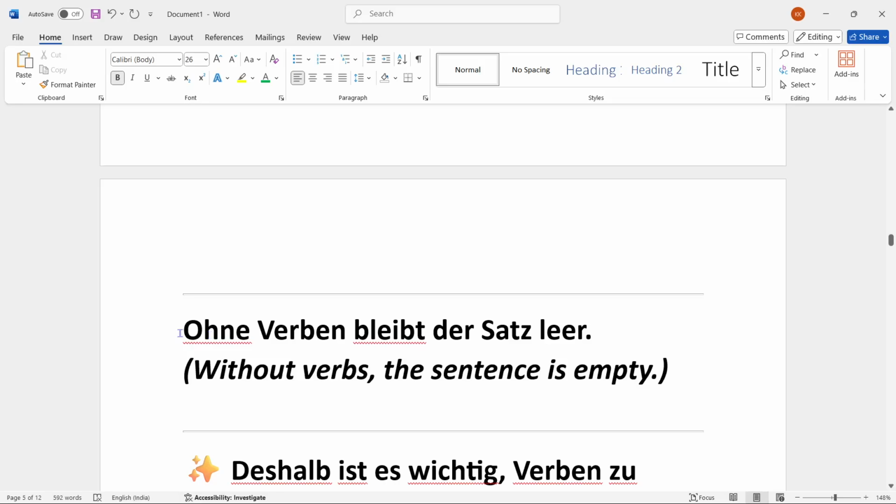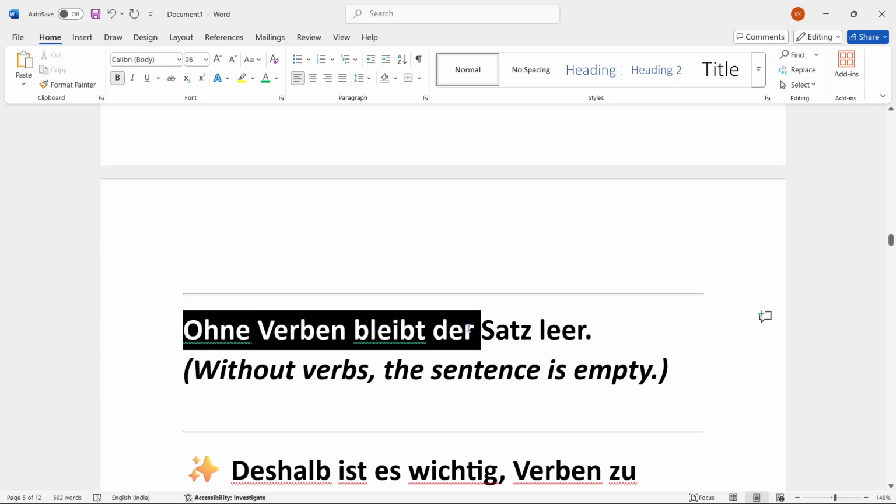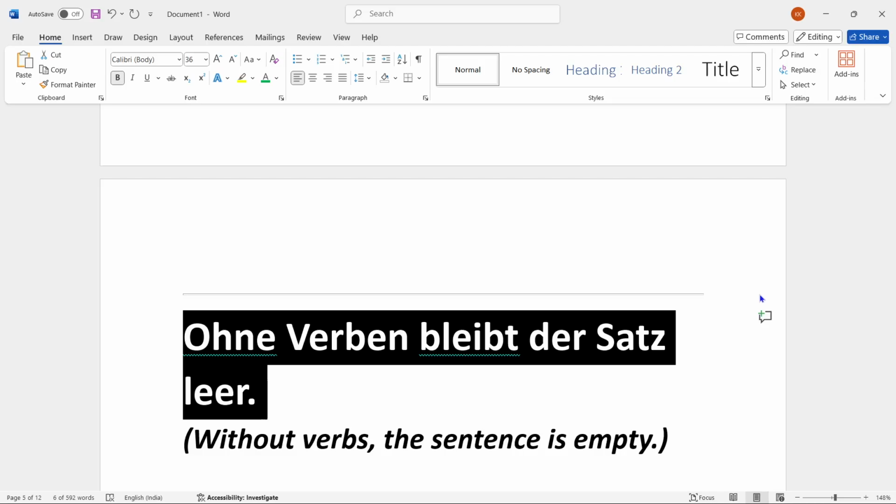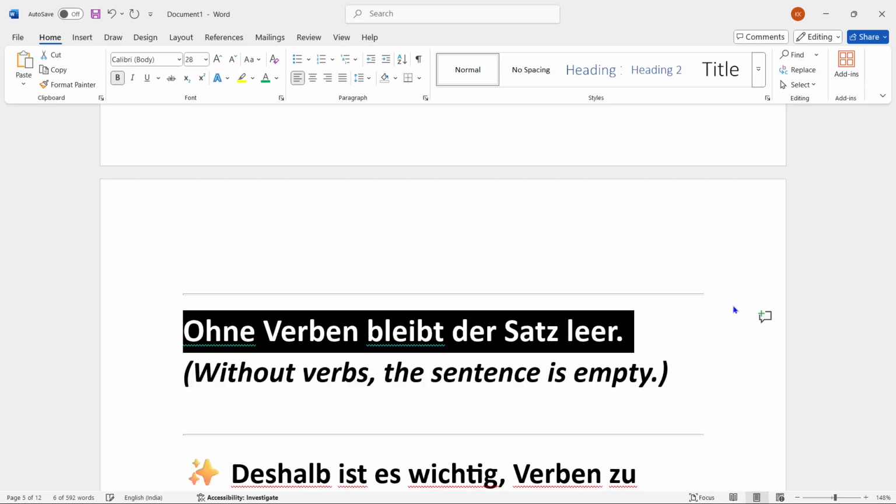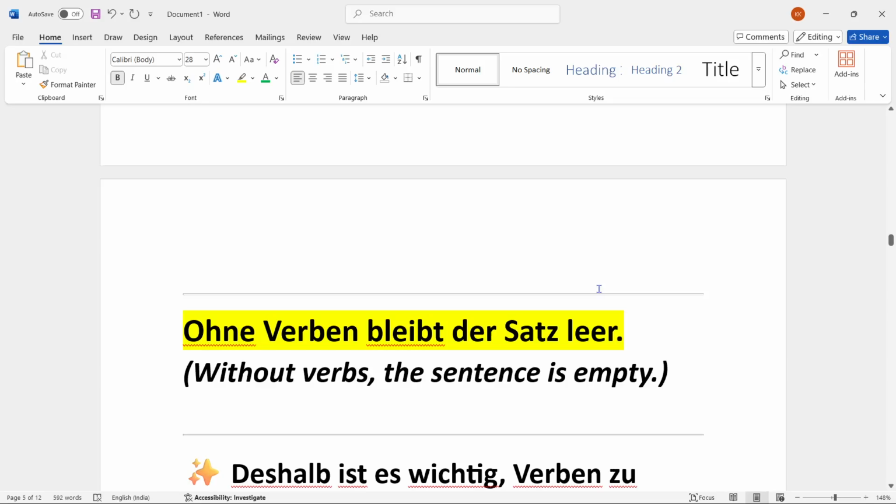Again I am telling you, ohne Verben bleibt der Satz leer. Leer means empty. Without verbs, the sentence is empty. So, don't forget these things. If we are making a sentence, then we need the verb.